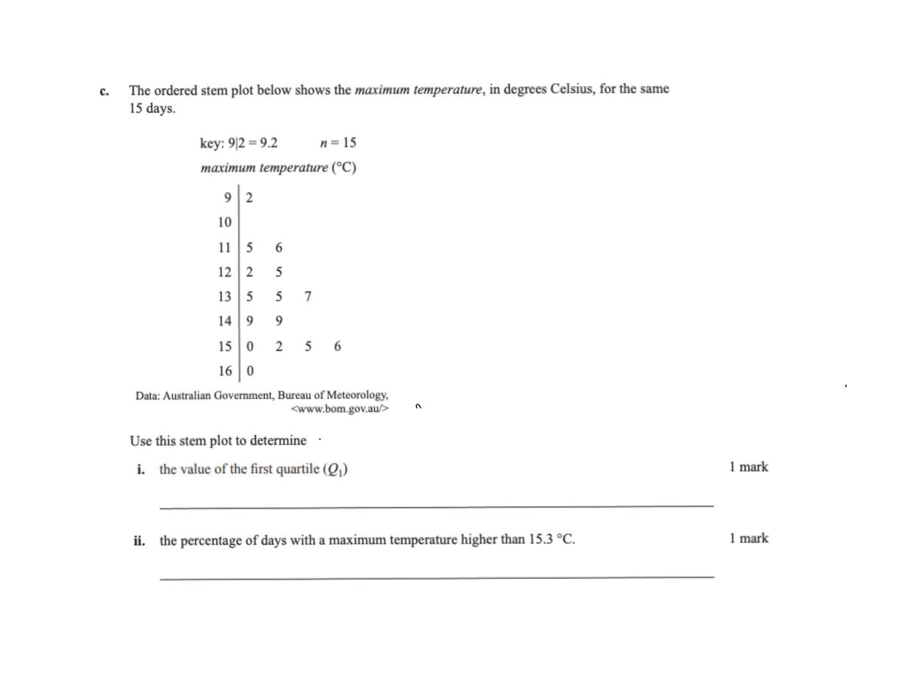Okay, the ordered stem plot shows the maximum temperature in degrees on 15 days. So we've been told that there's 15. The question asks for the value of the first quartile, Q1. Remember, if it's 15, we would have the median occurring at the 8th, with 7 data before it and 7 data after it.